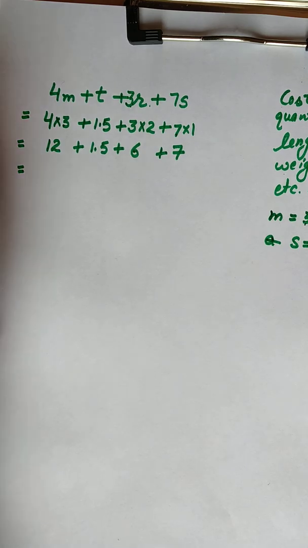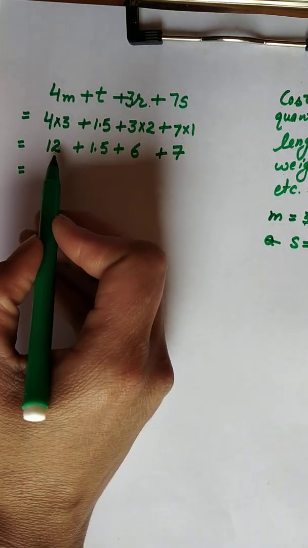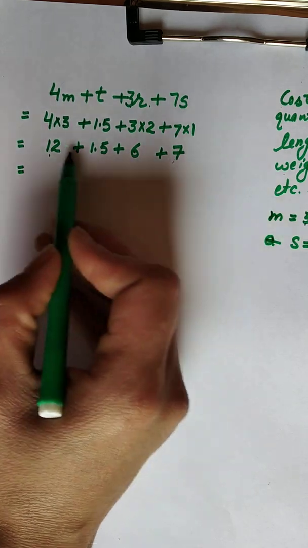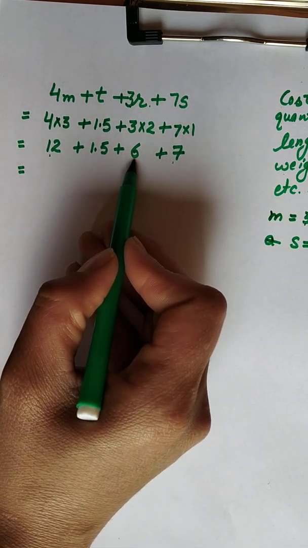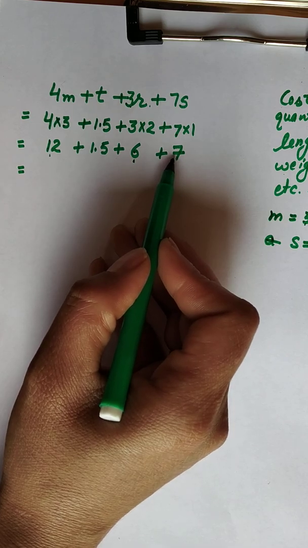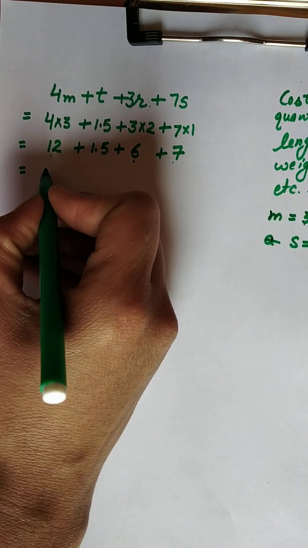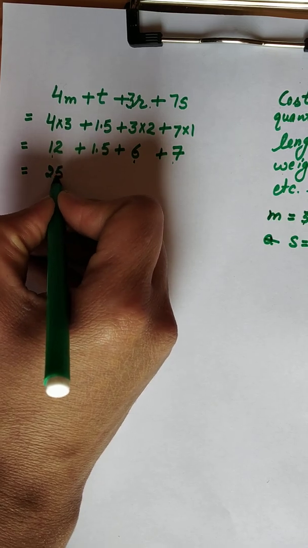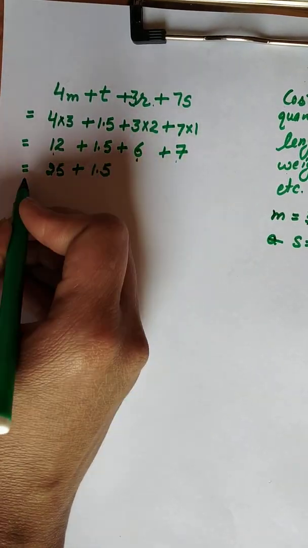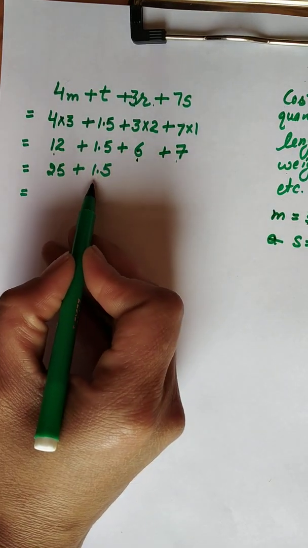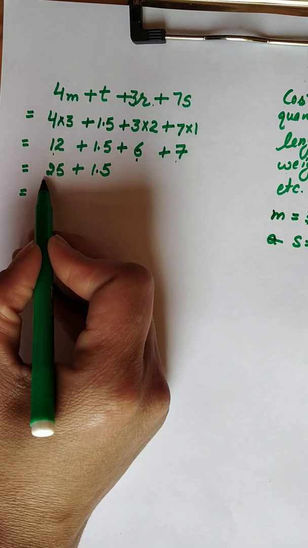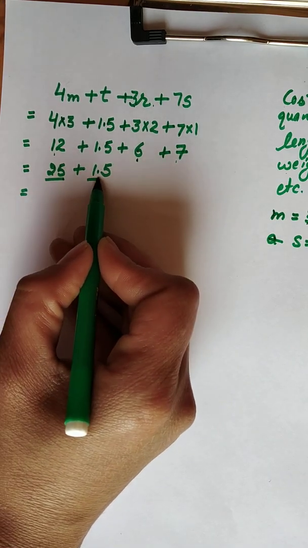So now what is our answer? See, we can add the whole numbers first. So 12 plus 6 is 18. 18 plus 7 is 25. And what is left to be added up? 1.5. And how do we add? See, how do we read it? It's 1 full and 5/10. And this is 25 full. So fulls are added to fulls.